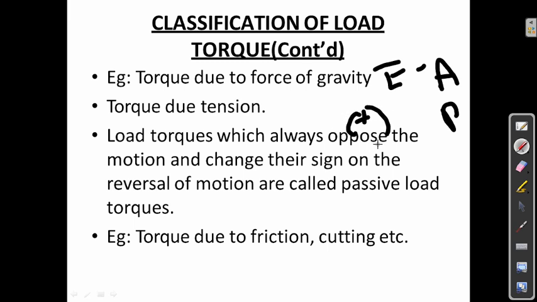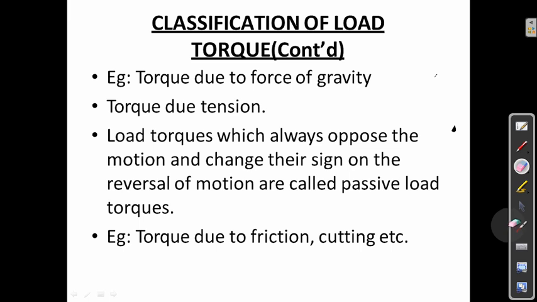The change of sign and the reversal of the motion are called passive torques. Examples of passive torques are the torque due to friction and cutting. These are passive torques. The active torque is the torque due to gravity.